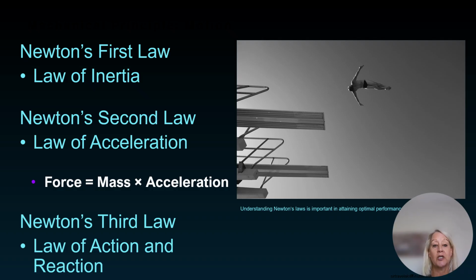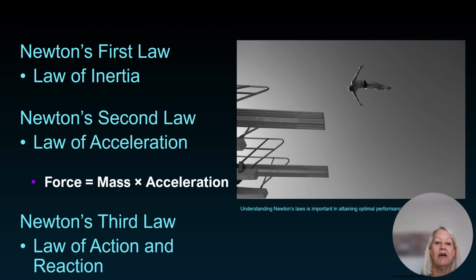In formula terms, force equals mass times acceleration. For example, if two athletes apply the same force, the one with less body mass will accelerate faster. In strength and conditioning, we train athletes to produce more force in less time, which is critical for explosive actions like a basketball dunk or a football tackle.